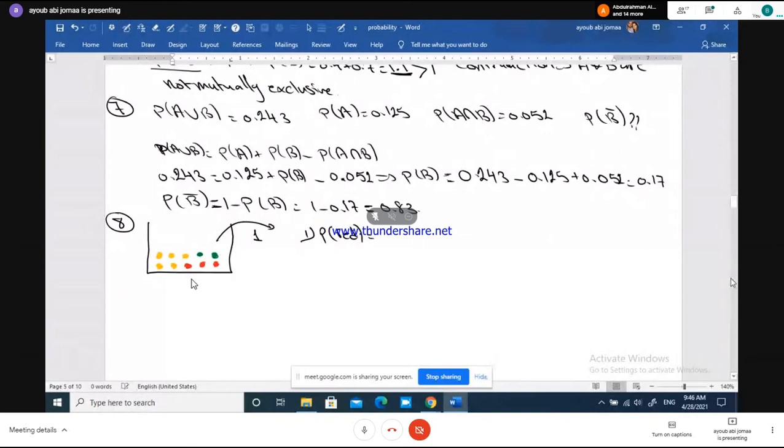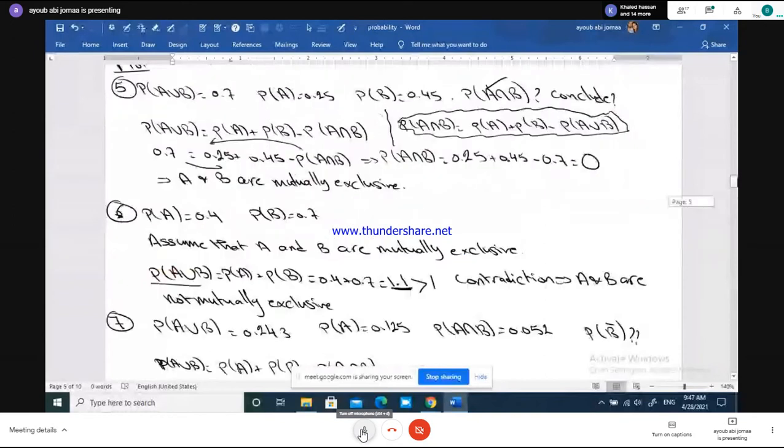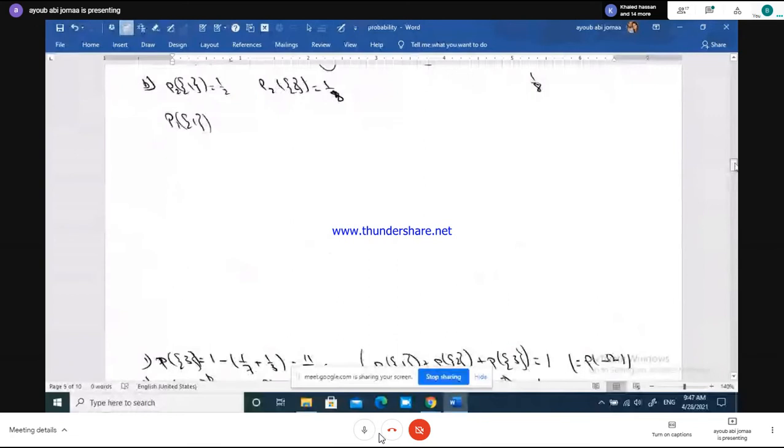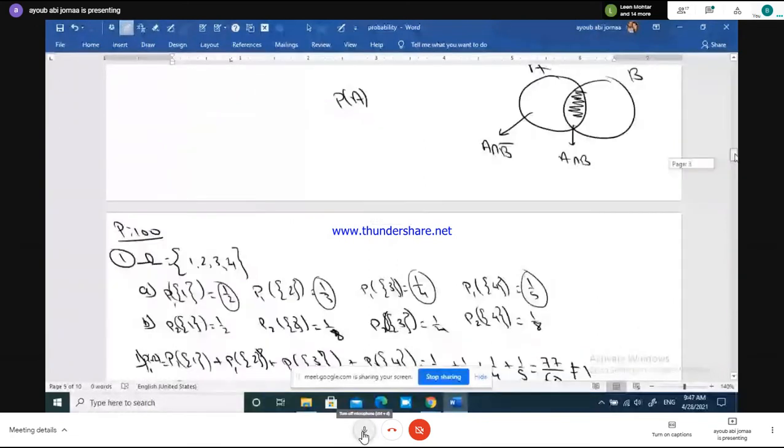Right. First of all, is it a uniform space or not? Is it an equiprobable space? Now, the marbles are identical. Okay, let's go back to the point I gave you last time, back to what we studied last time.